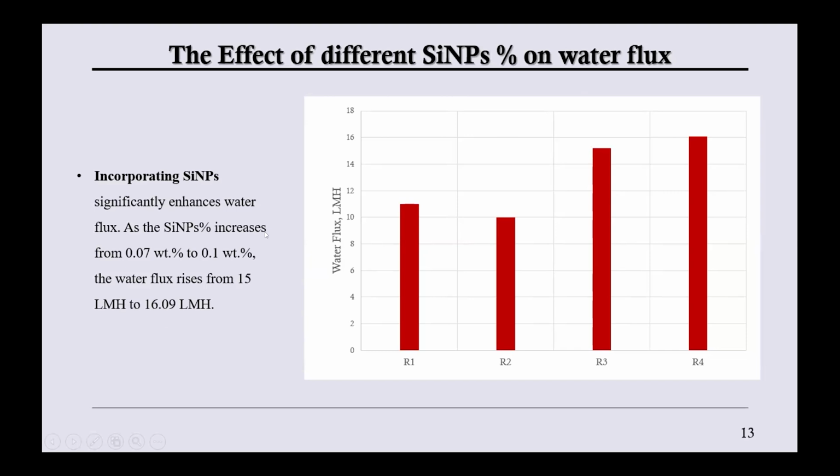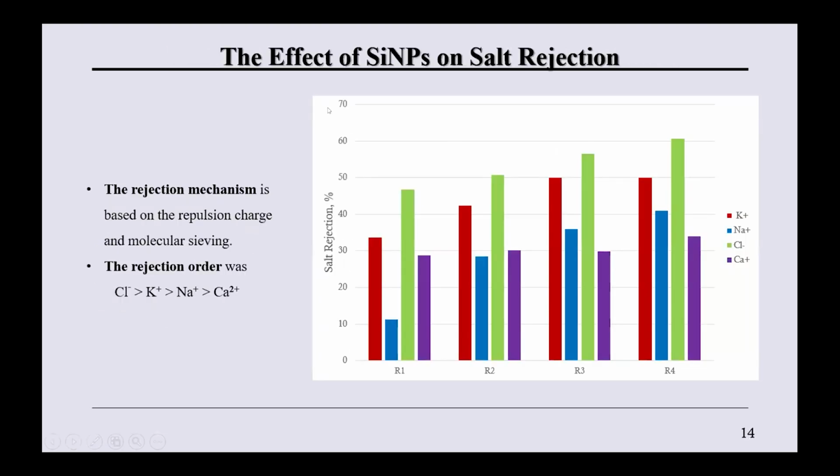This chart shows that the rejection mechanism of the membranes was based on charge repulsion and molecular sieving. As we see here, membrane R4 shows the greatest efficacy of removing salt.